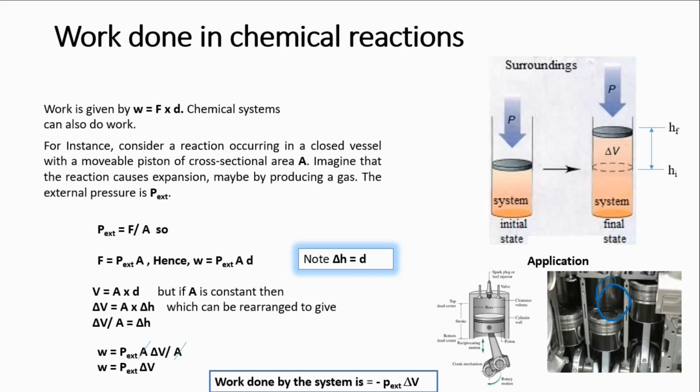Once you have an explosion inside any of these, the pistons will be pushed down. Some pistons are up while some are down, arranged in such a way that when some are up, some are down. This up-down motion is translated into a circular motion by the crankshaft, and so your wheels will be turning.